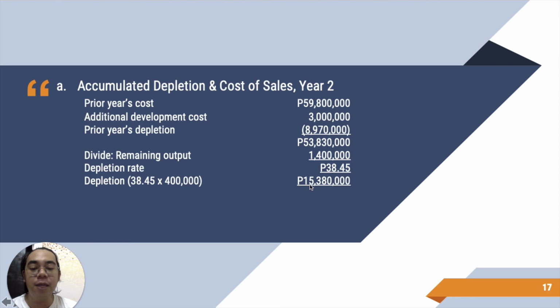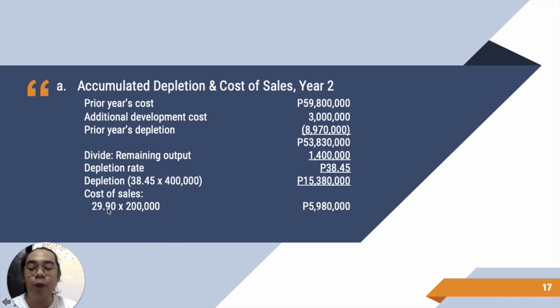That's 15,380,000 pesos. The cost of sales is computed like this. Last year kasi, diba, 300,000 yung na-produce, pero out of that 300,000, 100,000 lang yung nabenta. Meaning, meron pang natirang 200,000 worth 29.9, which is the depletion rate last year.